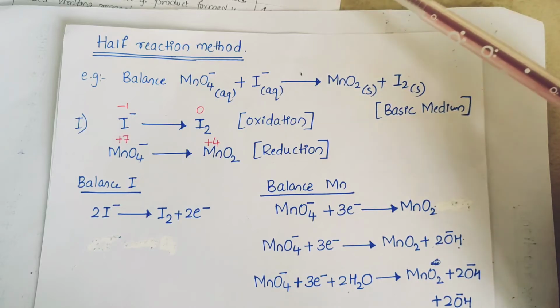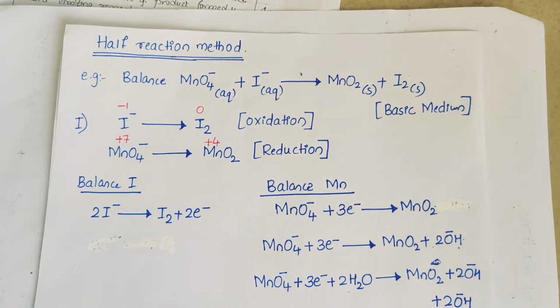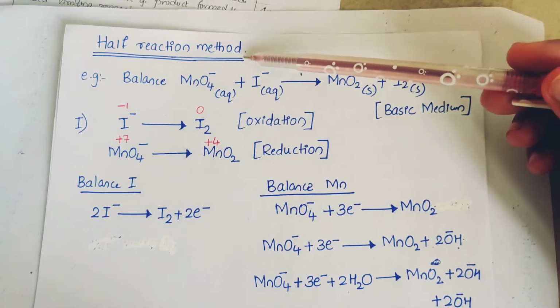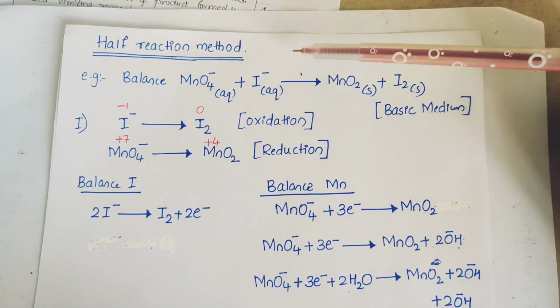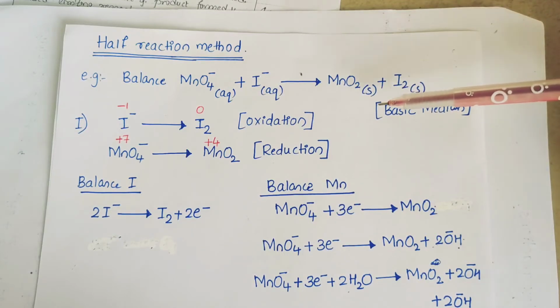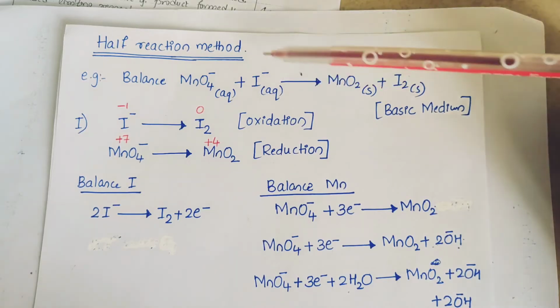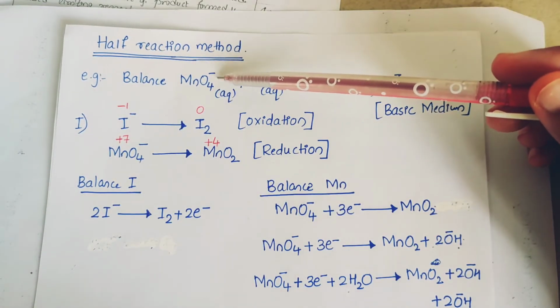Then in the half reaction method, you are separating the oxidation and the reduction reaction, balancing them separately, and then combining both the equations and getting the final equation. Okay, so let us consider an example of this kind.